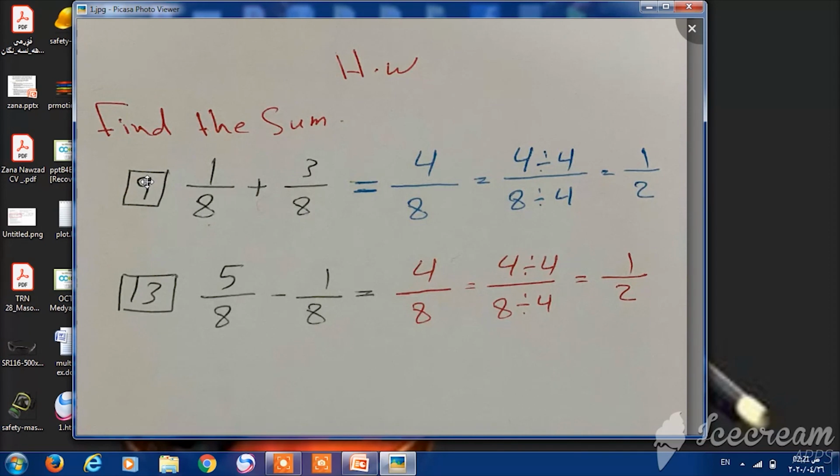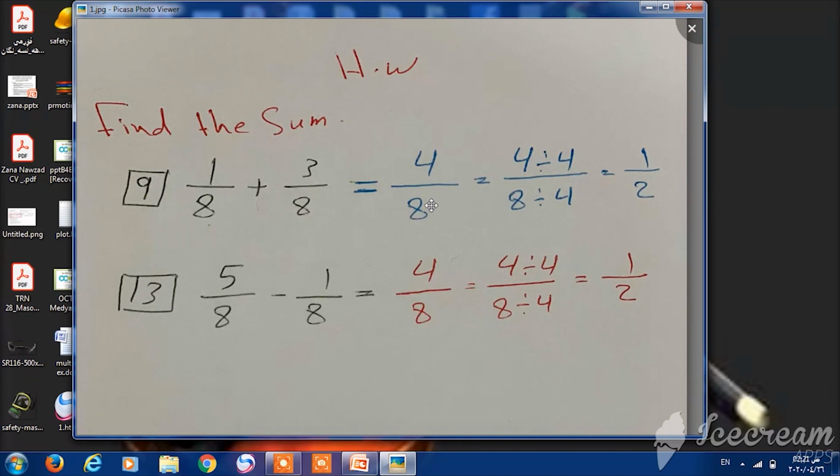Let's check together. Number 9: we have 1 over 8 plus 3 over 8. We said that when you need to add them, we just add the numerators and keep the denominator. 1 plus 3 equals 4, and we keep 8, right?